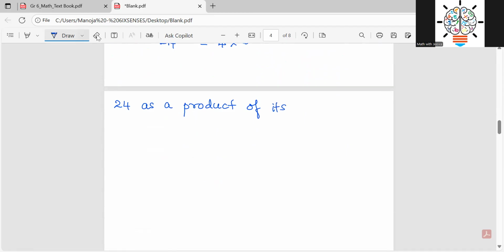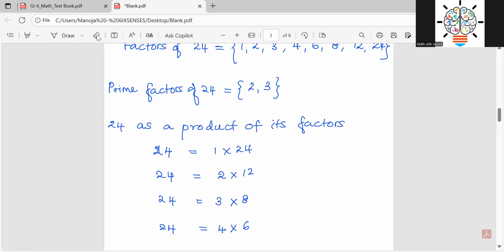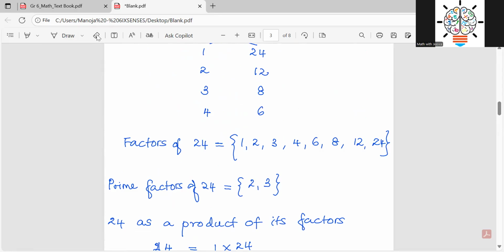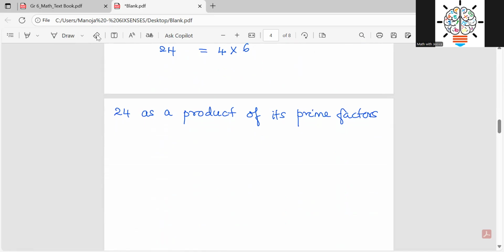So then the next question type: you write 24 as a product of its prime factors. Can you remember what we are supposed to do when you have this kind of question, children? You identify the prime factors of 24, it is 2 and 3, no? So you start by dividing 24 by 2. 2 times 12, again you divide, 2 times 6, then 2 times 3, then 3 times 1.